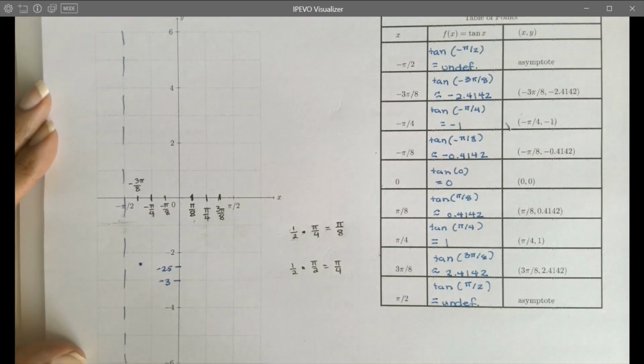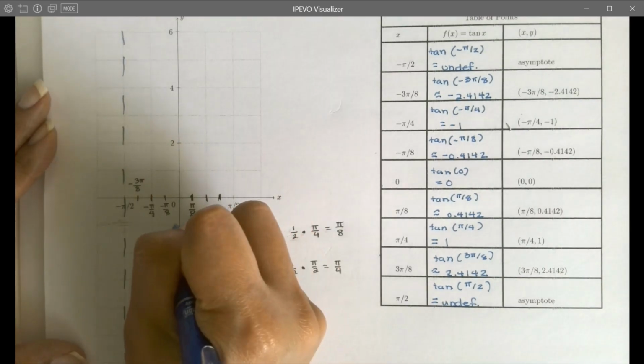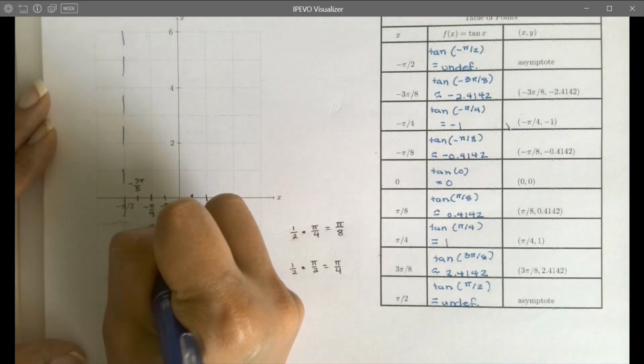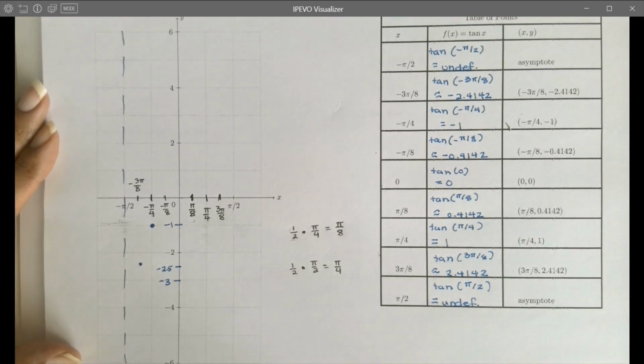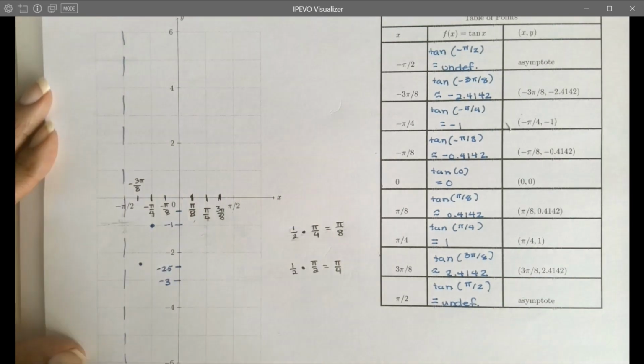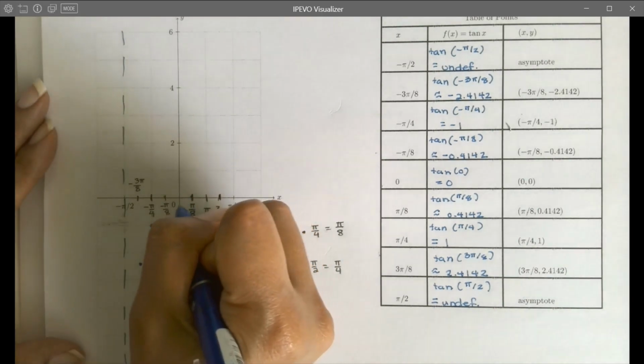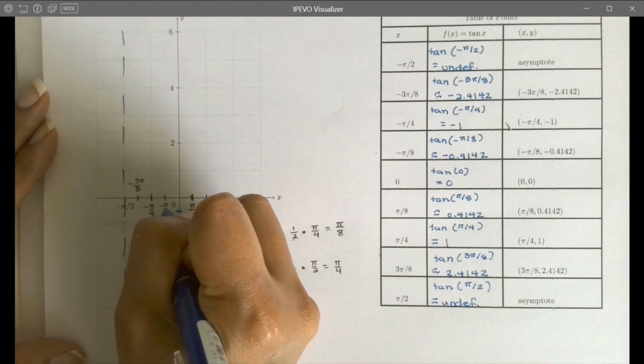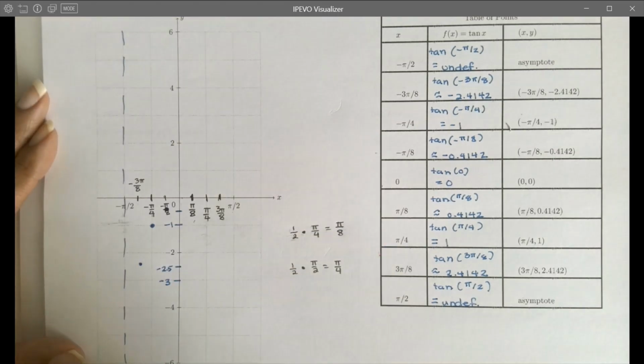Then negative pi over 4 comma negative 1. So here's negative 1. That means we'll get that point. Negative pi over 8 comma negative 0.4. Again, this is negative 0.5, so negative 0.4 is going to be right above it. So it's actually going to go into our label there.